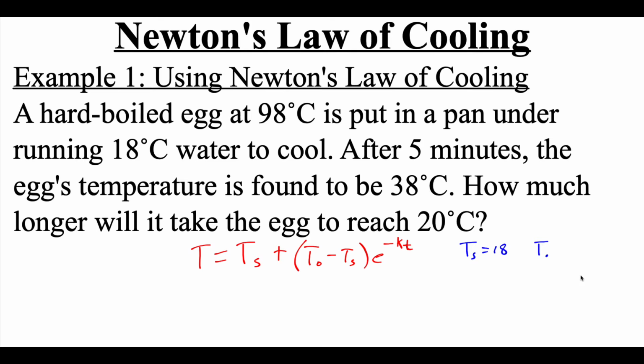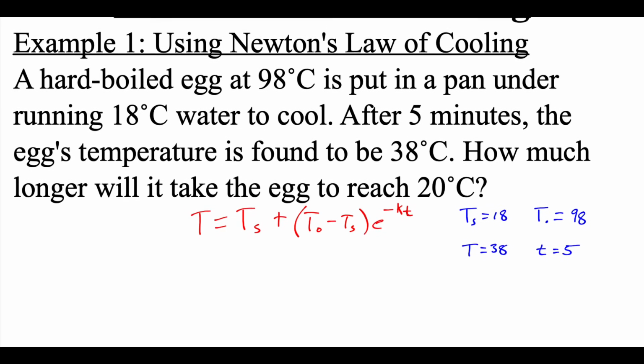Our T sub 0 is the initial temperature. So we were told that our egg started at 98 degrees. But then we also knew that the egg cooled to 38 degrees after 5 minutes. So we're going to let capital T be 38, and we're going to let little t be 5.